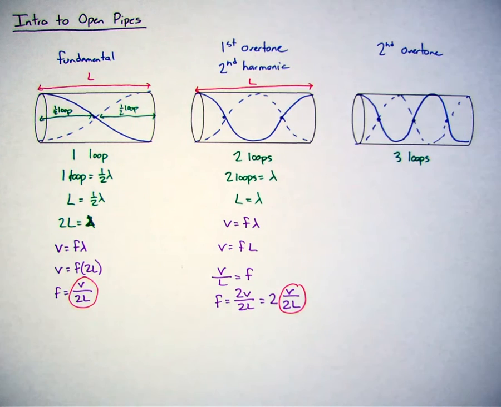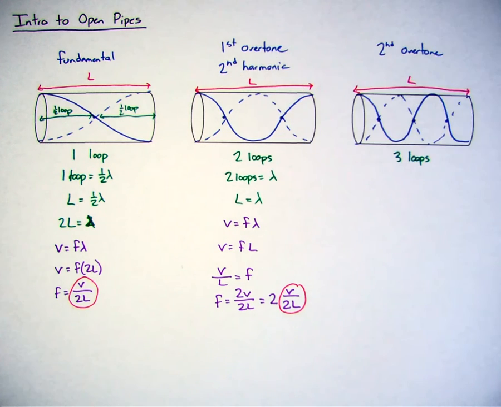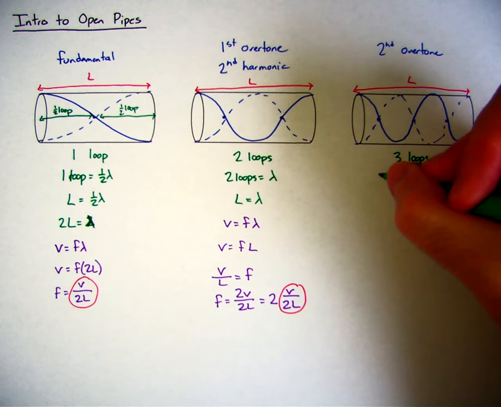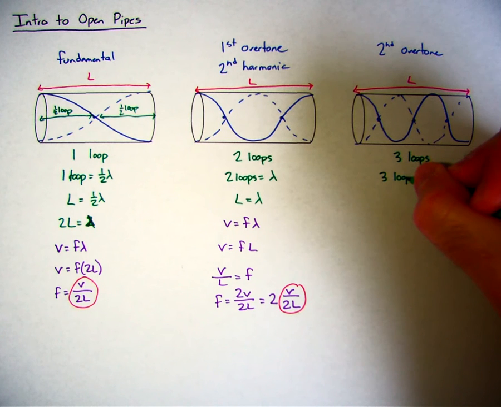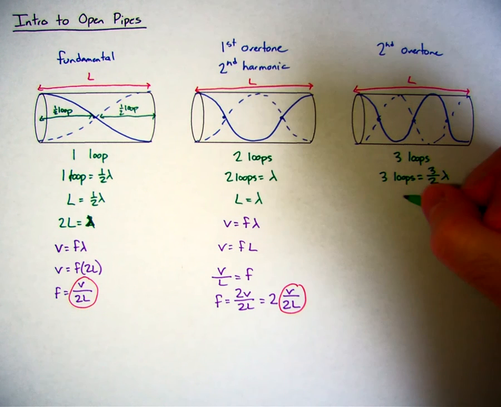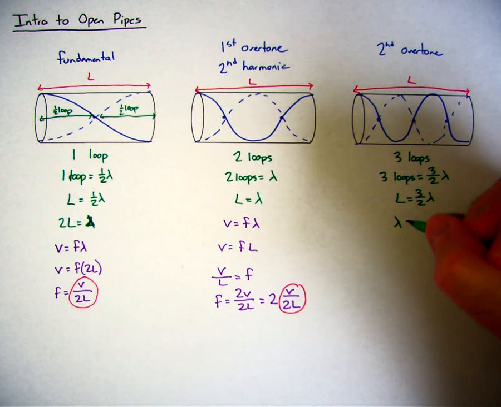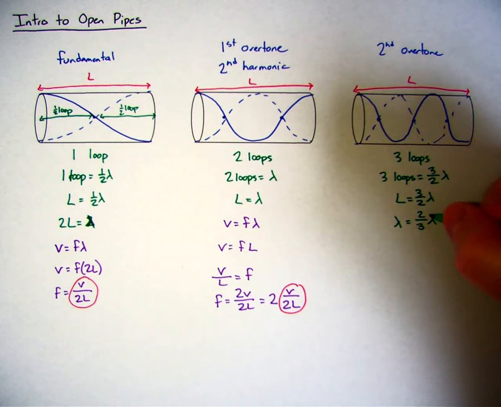And again, if the length of the tube is L, because that's not changing at all, that means that 3 loops is equal to 3 halves, or 1.5 wavelength, which means that L is equal to 3 halves lambda, which means lambda is equal to 2/3 L. That should be an L.